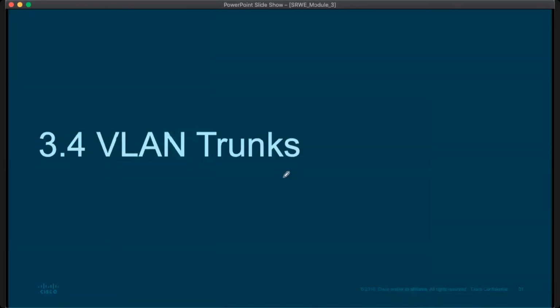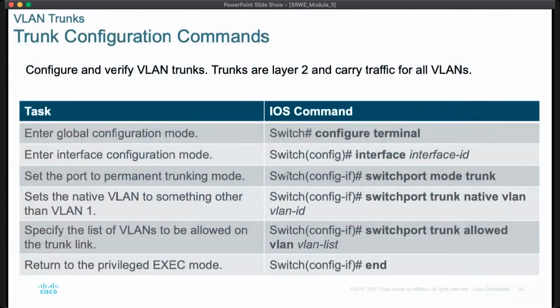Now VLAN trunks and the trunk configuration commands. Trunks are layer 2 and carry traffic for all VLANs. The first task is to enter global configuration mode, then enter interface configuration mode, specifying which interface. Set the port to permanent trunking mode with this command.